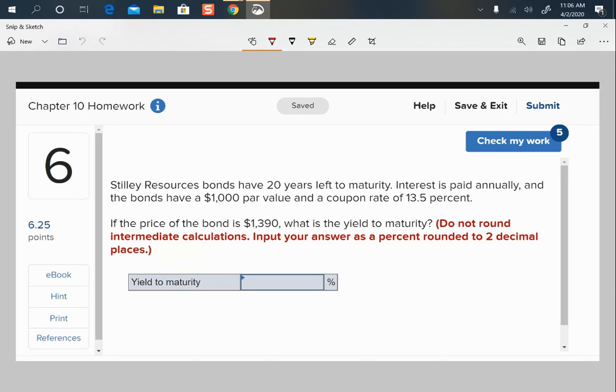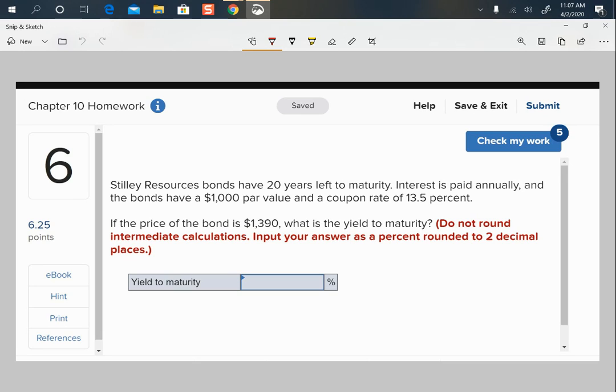The interest is paid on a yearly basis, and the bonds have a $1,000 par value, which is the face value, or you can call it the principal of the bond, and the coupon rate is 13.5%. If the price of this bond today is $1,390, then what is the yield to maturity?